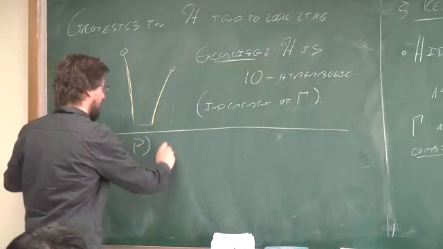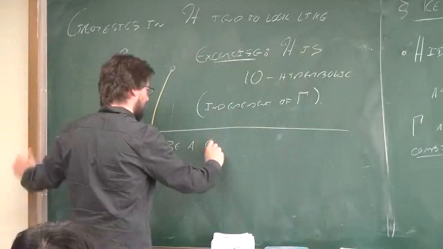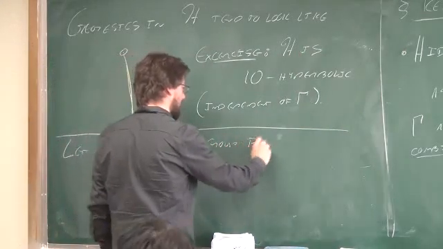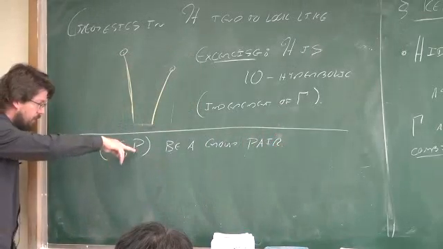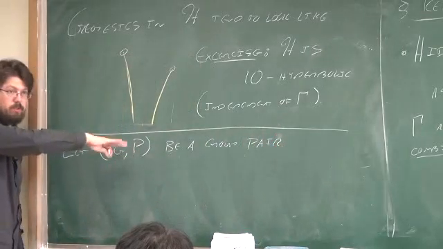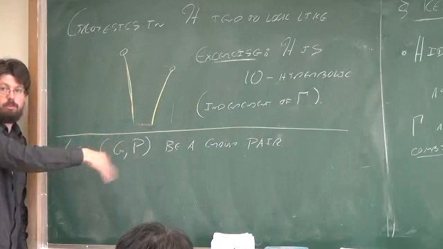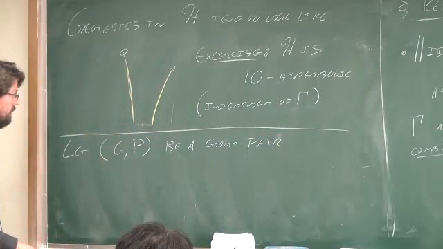So let's just let (G, P) be a group pair. In general, you can allow P to be a collection of subgroups, but I'm just going to have P be a single subgroup for everything I talk about pretty much.